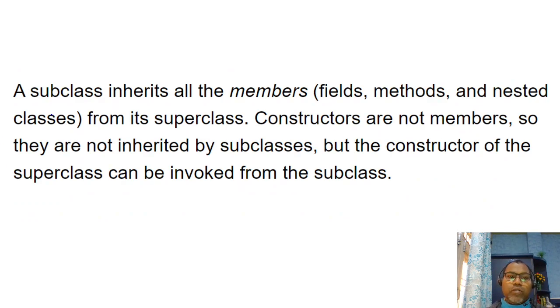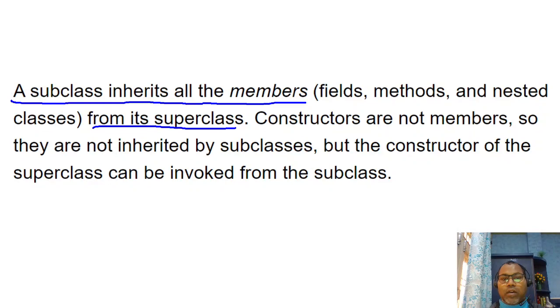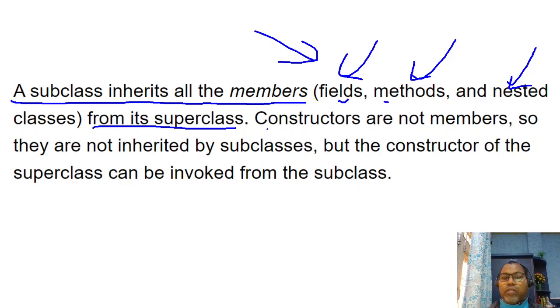Now a subclass inherits all the members of its superclass. Generally a class defines fields, methods, maybe nested classes as well, and all these can be inherited depending upon which modifier has been applied. One thing: constructors of a superclass are not members, not data members, so they are not inherited by the subclass.